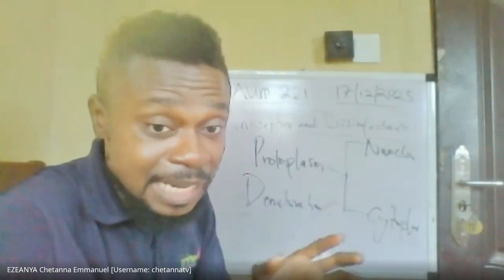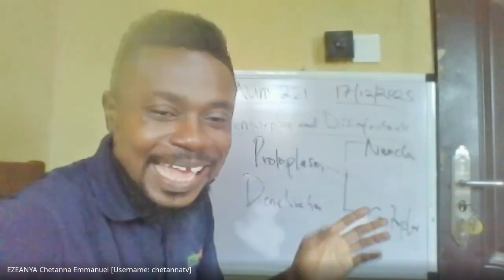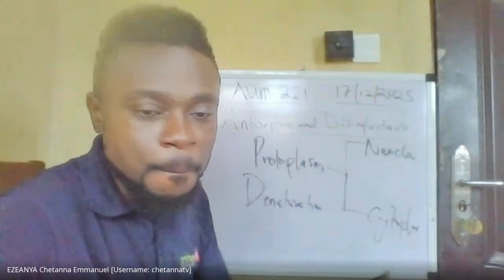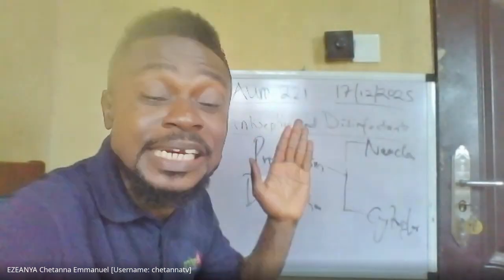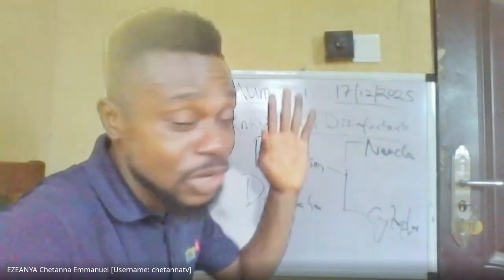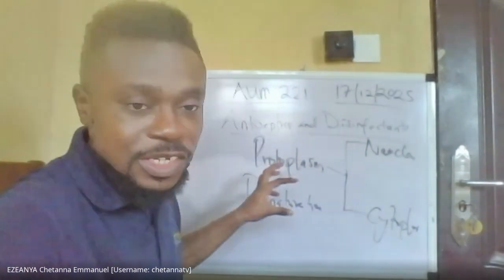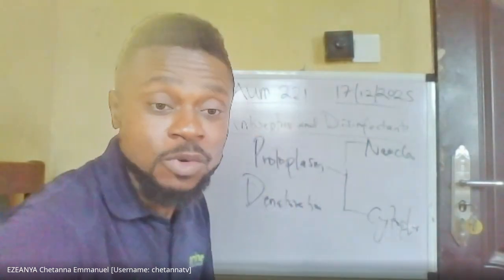You know that enzymes, the proteins, catalyze a lot of biochemical processes going on in living organisms, including these microorganisms. A lot of things going on are under the jurisdiction of these enzymes. So if these enzymes are denatured, that means it will affect the microorganism.